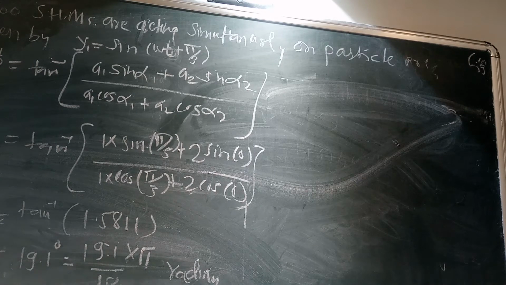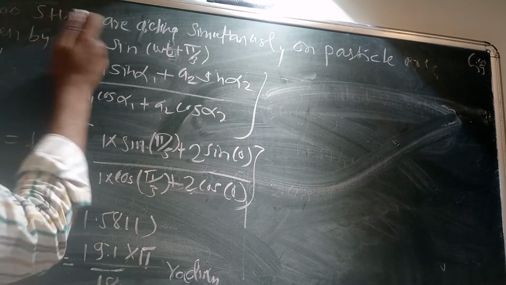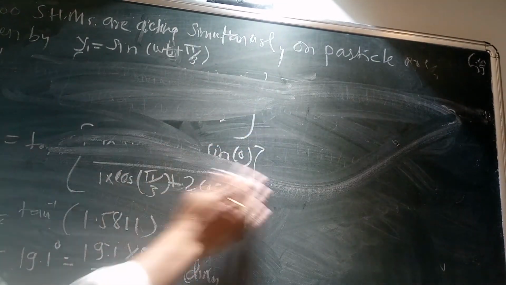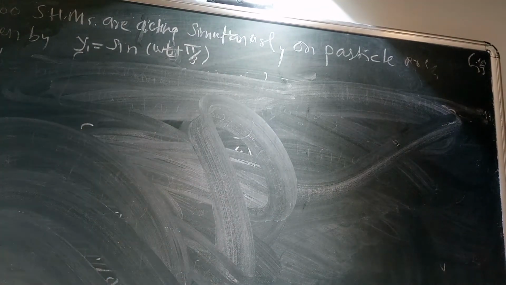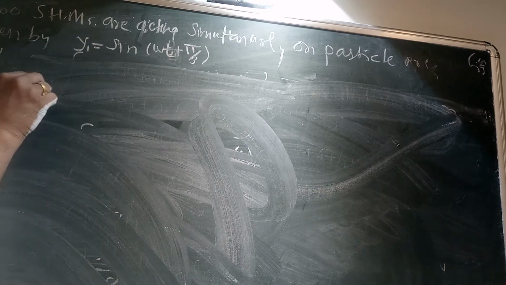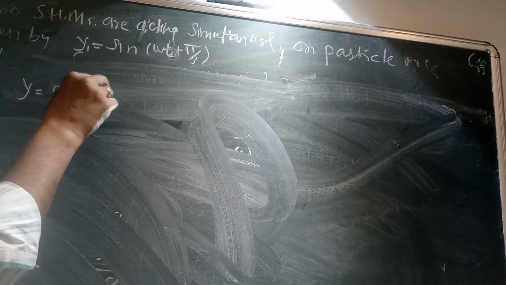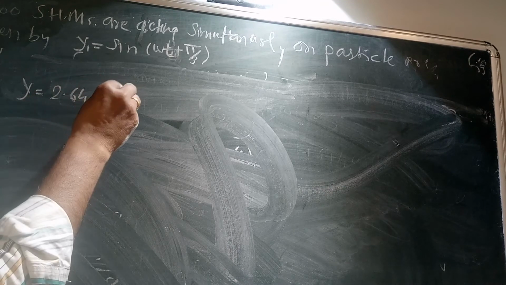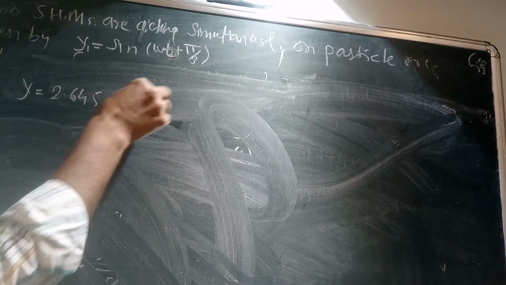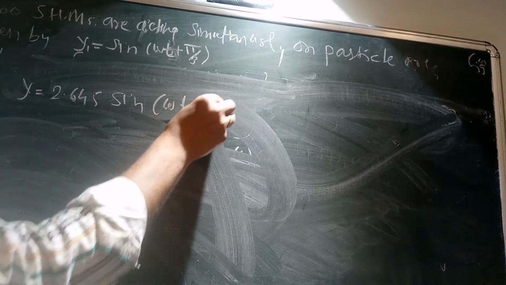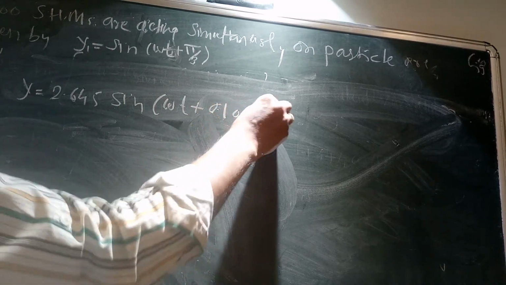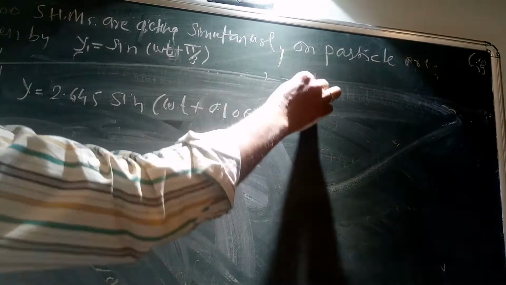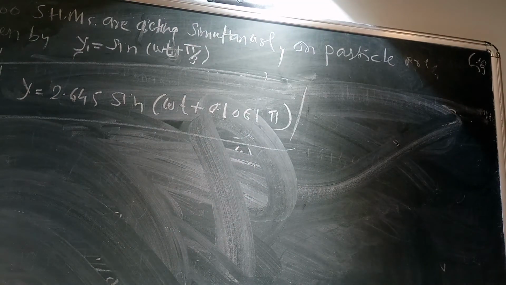If we put this value and the value of amplitude, we get the final equation of motion. Here y is equal to 2.645, this is the amplitude that we have calculated just now, sine of omega t plus 0.1061 pi. So this is the resultant motion of these two S.H.Ms.